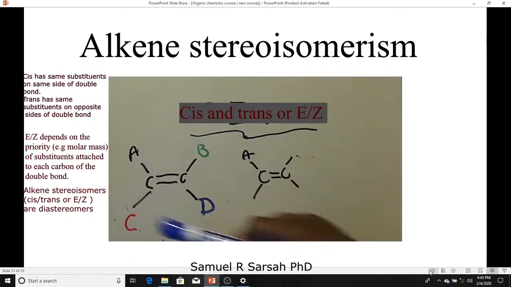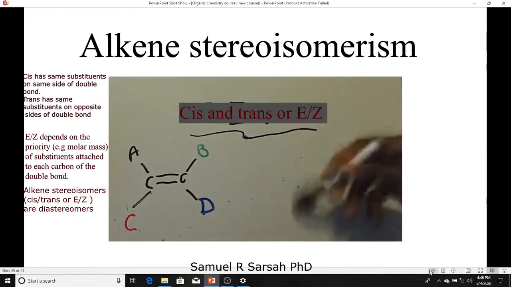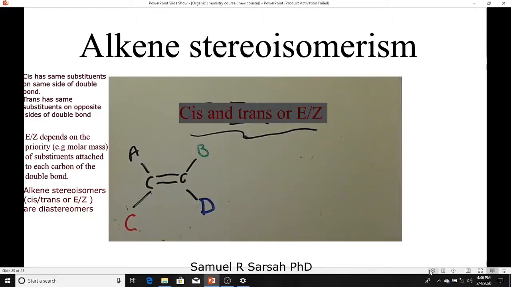So this has 4 different groups. For the E and Z system, we need to find which group on each side is higher priority and which group is a lower priority.